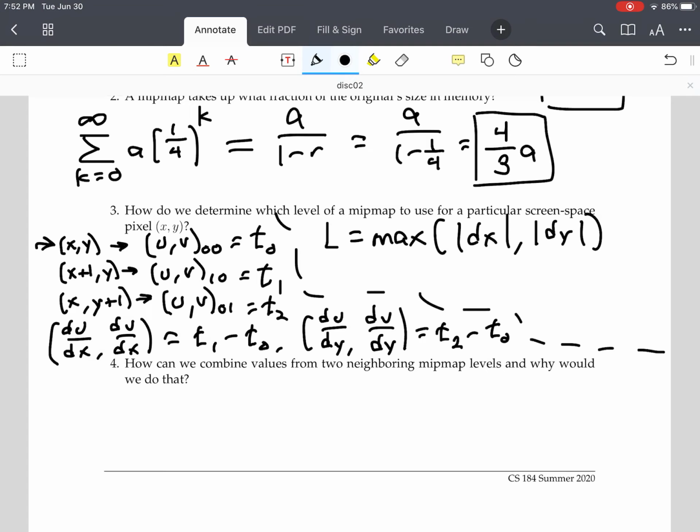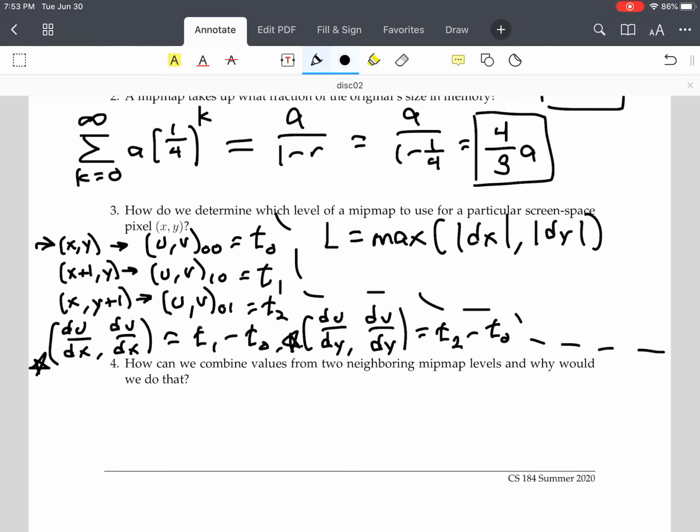But dx essentially is this vector over here, du dx and dv dx, and dy is this vector over here, du dy and dv dy. And these brackets, if you watch the math intro discussion, are the length of the vector. So essentially, we're going to square each of these components, add them together, take the square root.